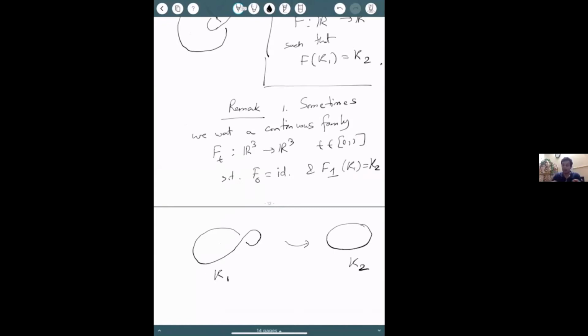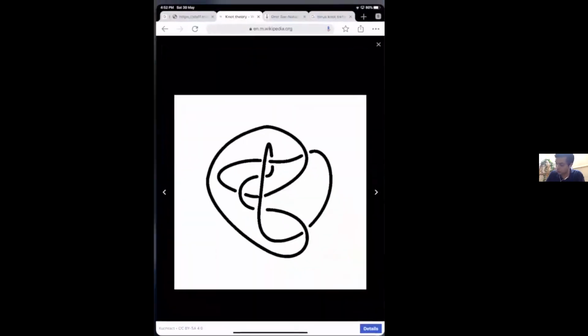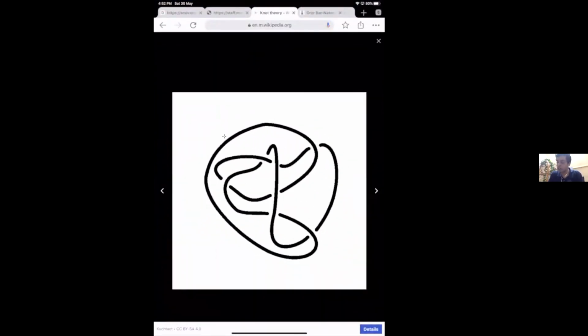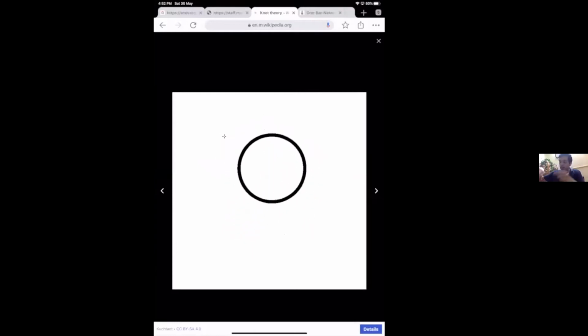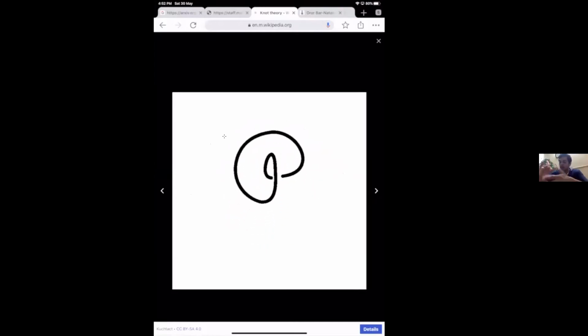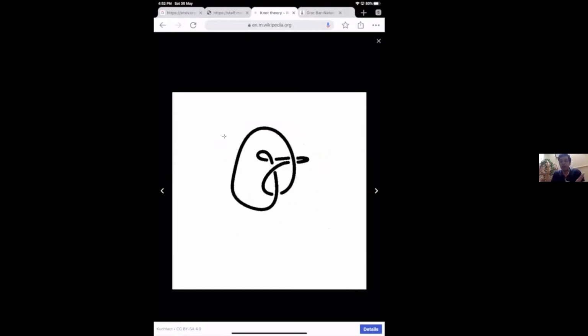Here's a more sophisticated example, from Wikipedia. This is an example of something which is an unknot. Initially it looks very complicated, with many crossings, but you can deform it, as this movie shows, to the unknot. So this is equivalent to the unknot.